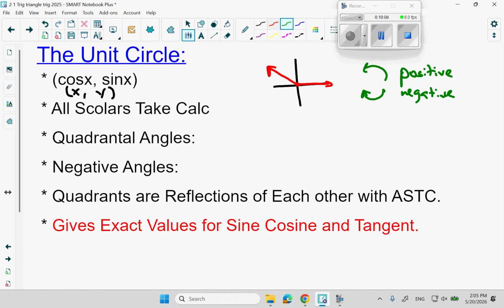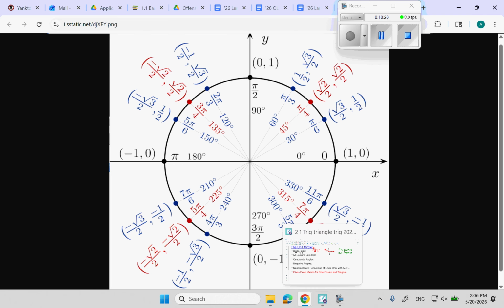So by definition, the unit circle has a radius of 1. And that's actually true for every single value. This is a distance of 1 from the center.